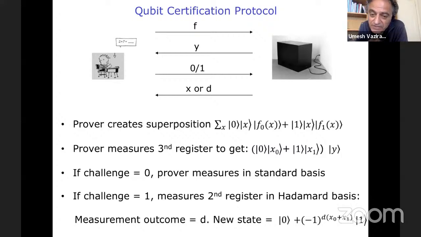Since the verifier has the trapdoor, the verifier can compute x0 and x1, and together with the d that the prover supplied, the verifier now knows what this qubit looks like.